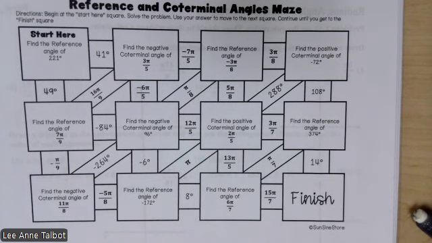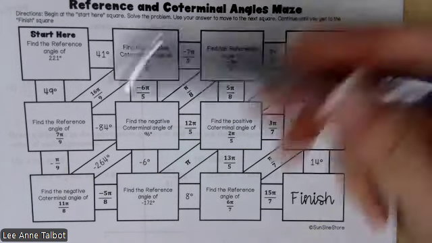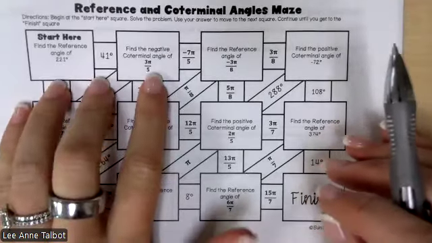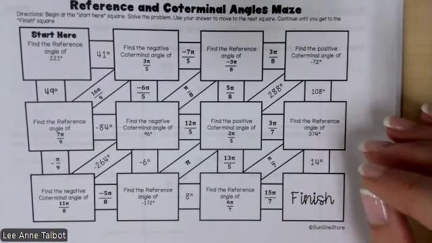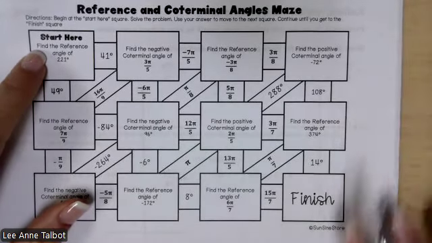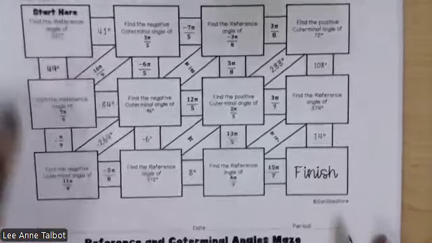Okay. All right. So this one is a new maze. It has a mixture of degrees and radians in it. So I'm gonna do the first two with you. Anyway. So find the reference angle of 221.